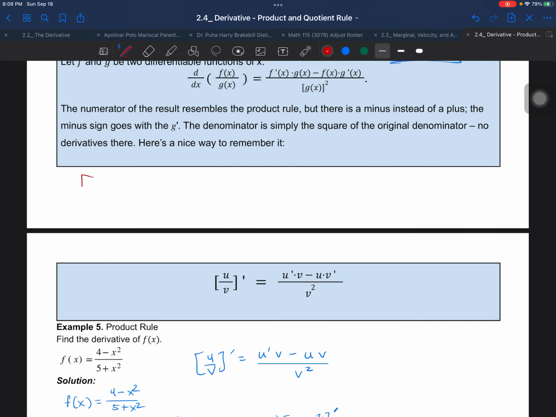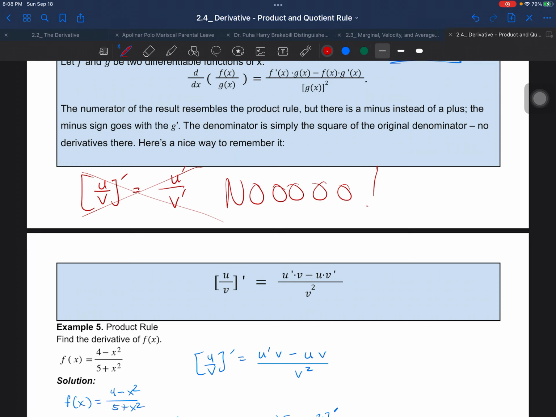Also, just like we did before, a big warning here. A common mistake is for students to do this. This is a big no. Let's not do that. That's a mistake. We have a special rule for the quotient. Why do students do this? Because they get confused with the plus and the minus rule. The plus and the minus rule does allow you to do that.